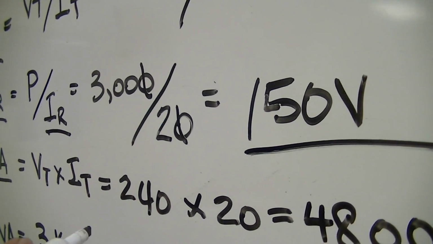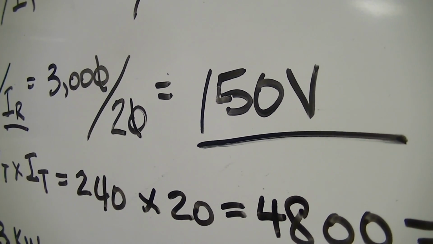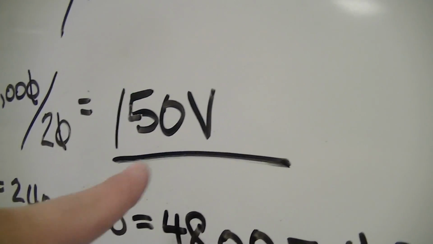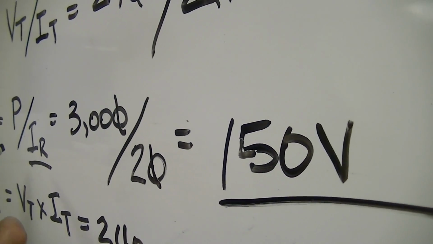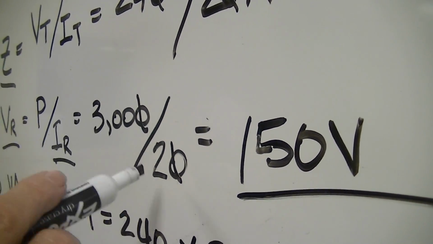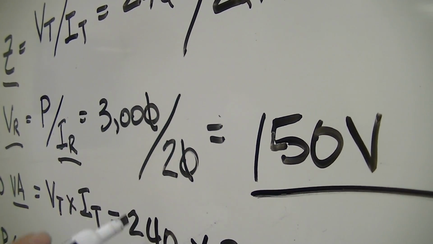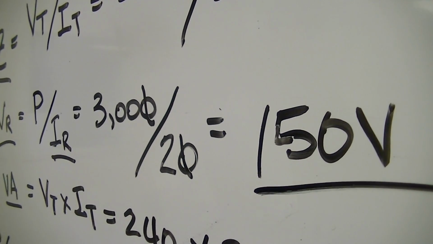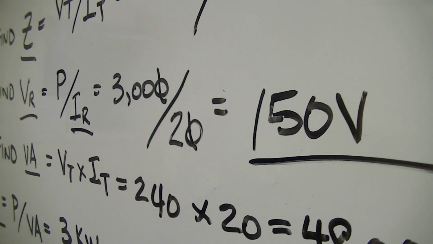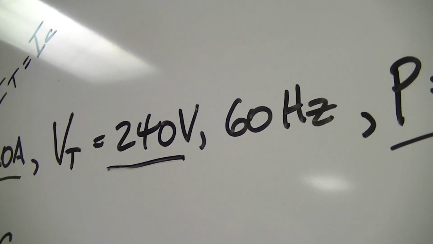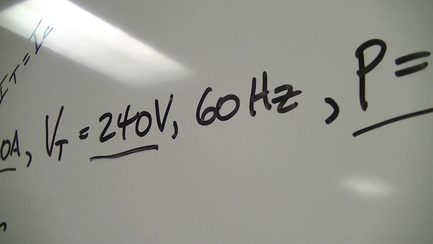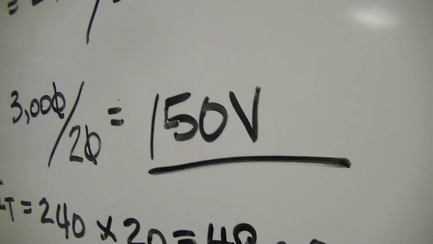And when we plug those numbers in, we get up 4,800. No, we got 150. Whoops, sorry. So we end up getting 3,000 divided by 20. We can cancel out. We get 300 divided by 2, which is 150 volts. Okay, makes sense, because I've got a total voltage up here of 240. So obviously this has got to be lower than that.